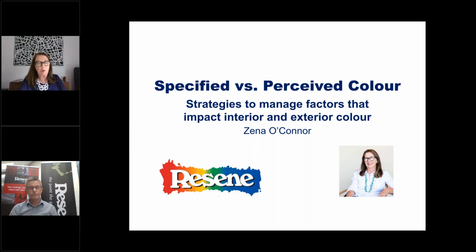And I find that is a great way of basically double checking that the specified color is what you want when it's actually in situ, both in terms of an area that gets a lot of light and an area that is in shadow. So yeah, about 1 metre at least.